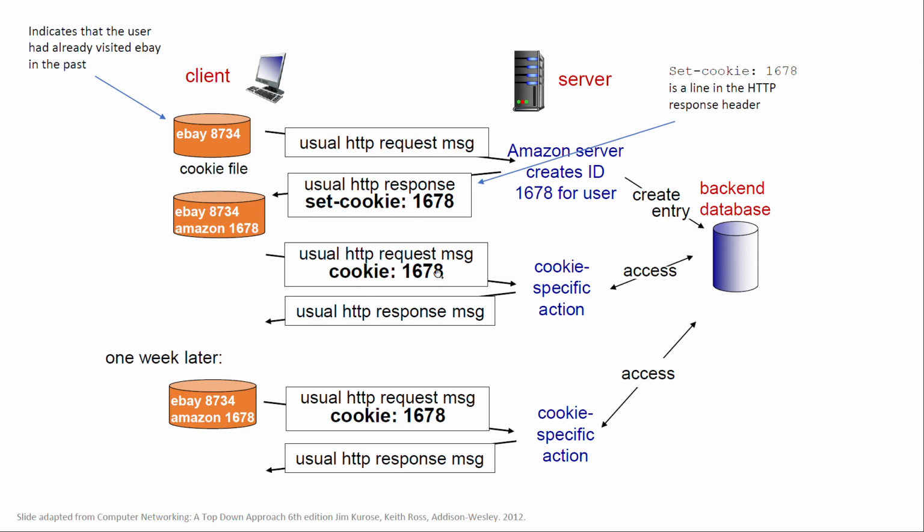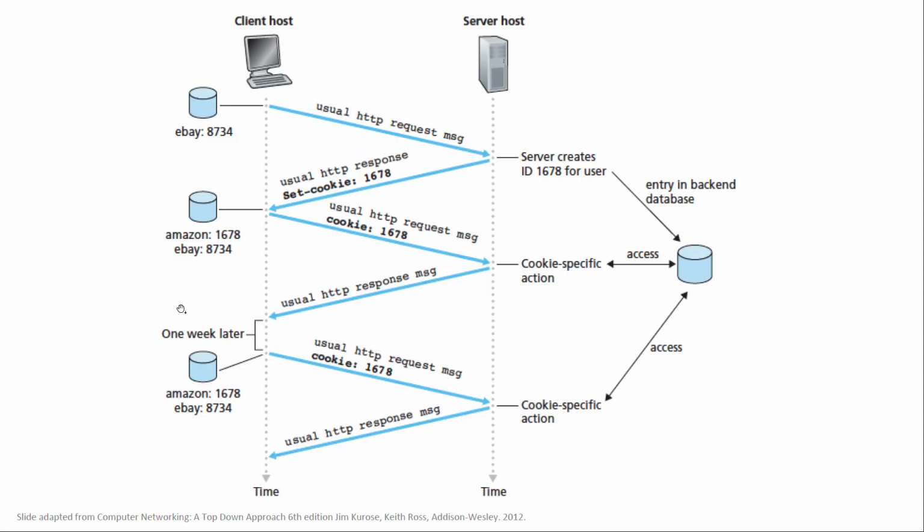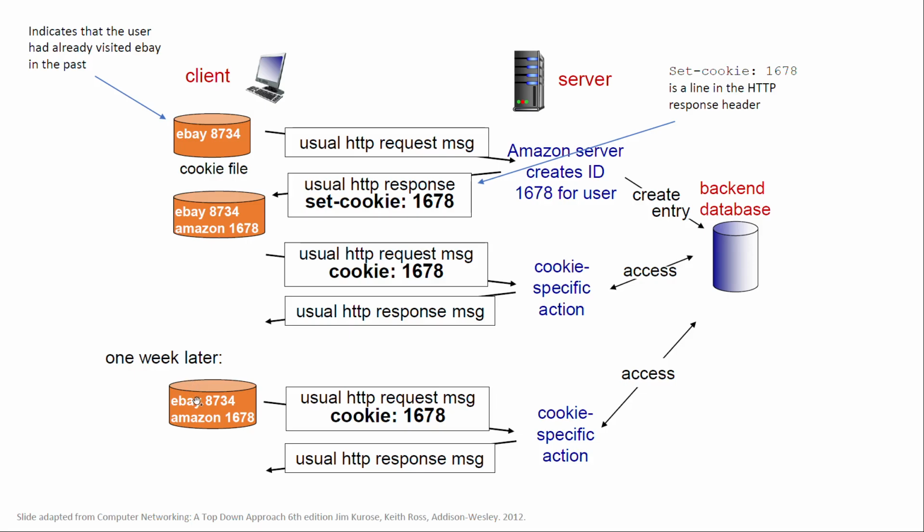Then this user goes to the web page, and Amazon sends its HTML file as the home page. One week later, if the same person wants to visit Amazon again, now in their request they also send the cookie, because the browser notices that they already have a cookie on their computer. Amazon looks at the cookie and checks who this user is from its database.